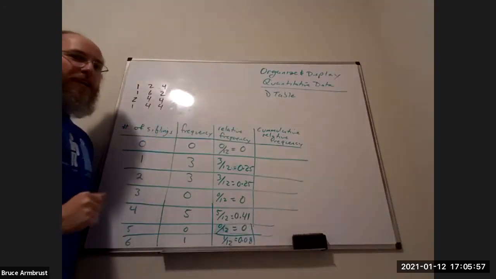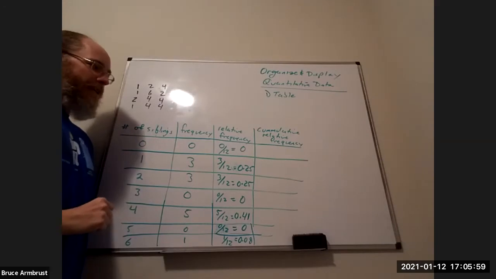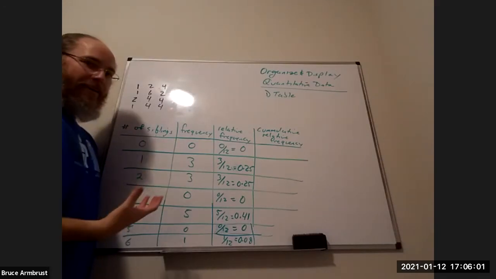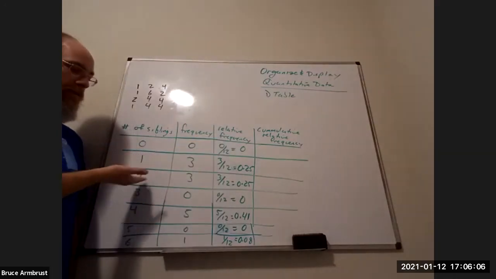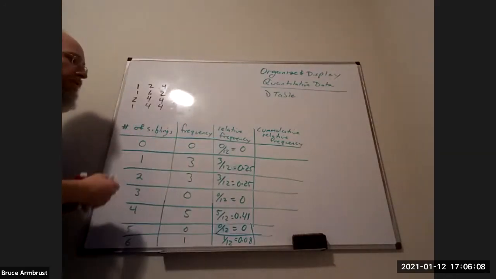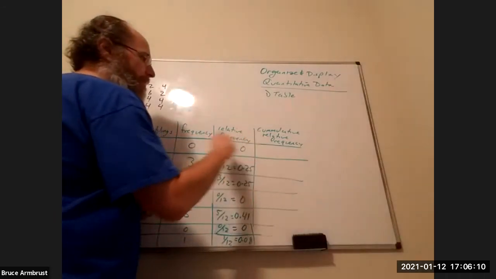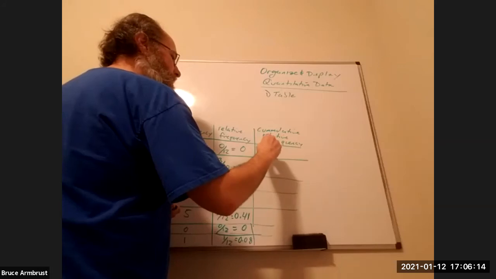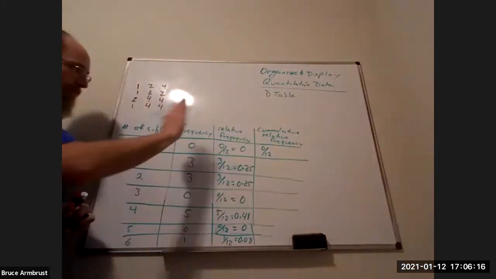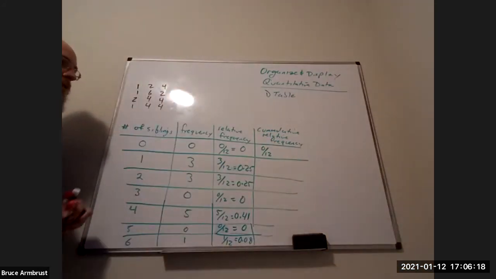All you got to do to get cumulative relative frequency is add all the relative frequencies up to and including that point. So for 0, the first relative frequency is going to be the same as the cumulative relative frequency. Those two are always the same.